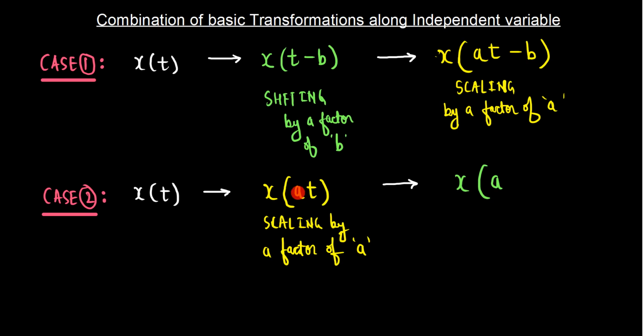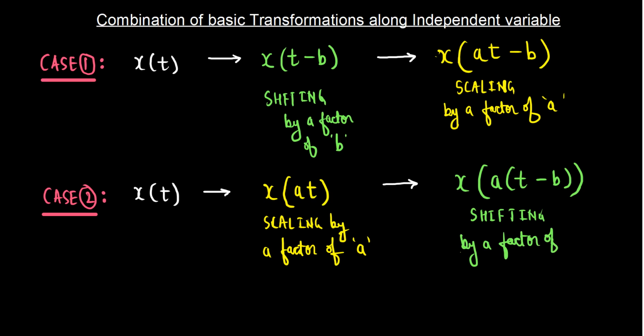We should not touch A because A is simply a constant. Therefore, the resultant signal would be x of A of t minus B. So what we have done here is simply the shifting operation, shifting by a factor of B.